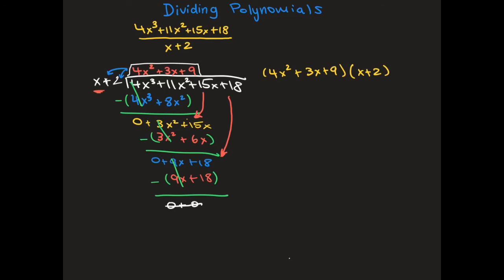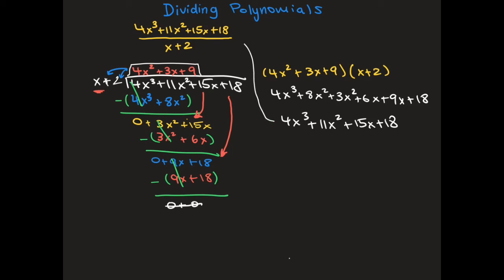So we'll do 4x squared times x, so that's 4x cubed. 4x squared times 2 is plus 8x squared. 3x times x is plus 3x squared. 3x times 2 is plus 6x. 9 times x is plus 9x. 9 times 2 is plus 18. That means we've got 4x cubed plus 11x squared plus 15x plus 18.